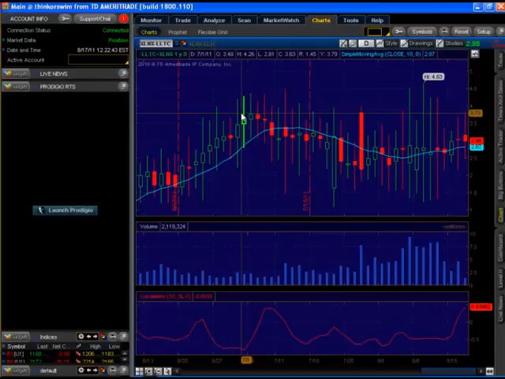The direction of shorting the pair versus going long the pair is going to dictate the profitability of your pairs trading strategy. You can't just arbitrarily choose to buy one or sell the other. It has to be governed by the strategy, and that's exactly what the pairs strategists do. They find the opportunity, that's step one, and number two, they dictate the direction.